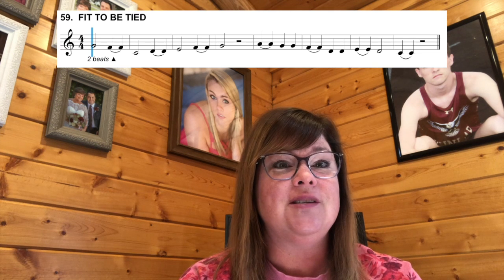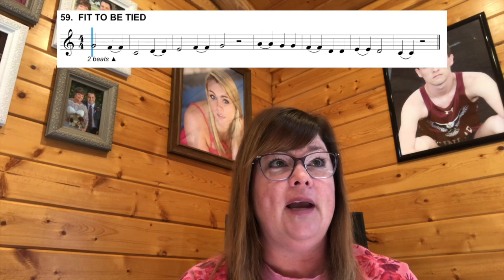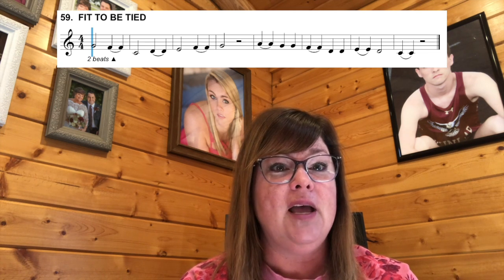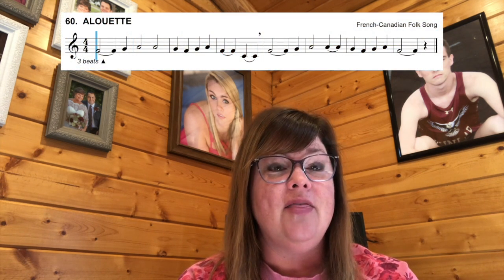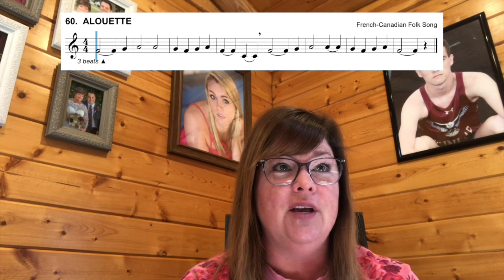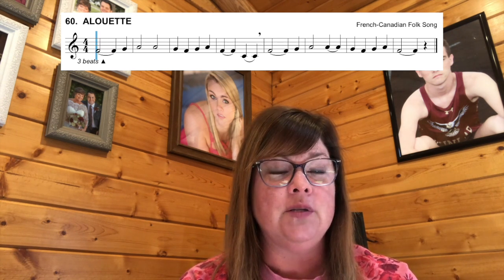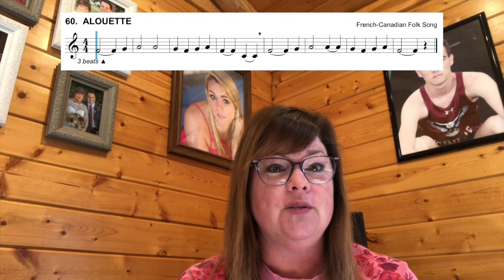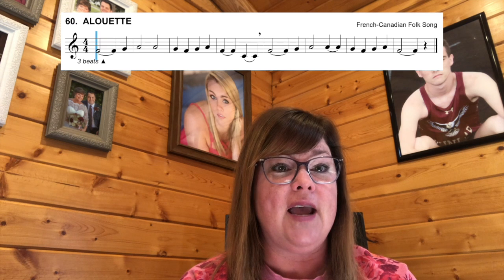So if somebody was just listening to number 59, they would think you were playing half notes most of the time because those notes are all going to get 2 counts. If you look at 60, Alouette, they tie half note to quarter note. Half note is 2, quarter note is 1, 2 plus 1 is 3. So you will hold that note for 3 counts.